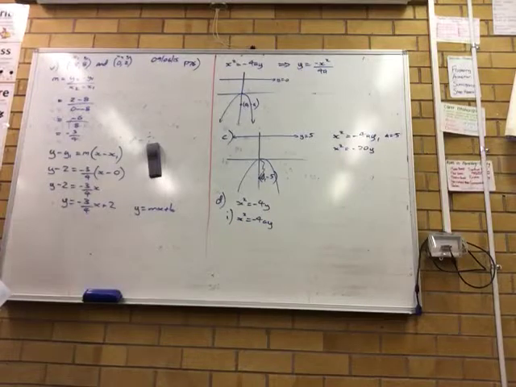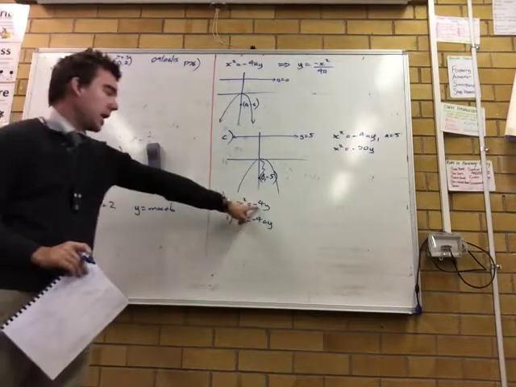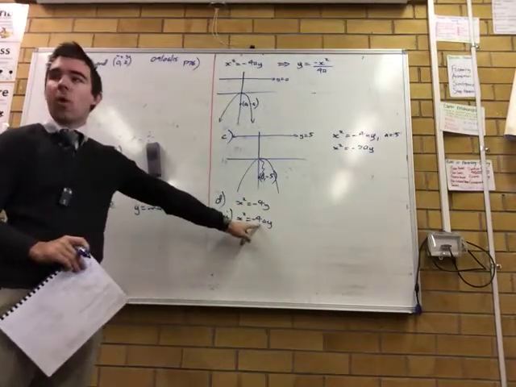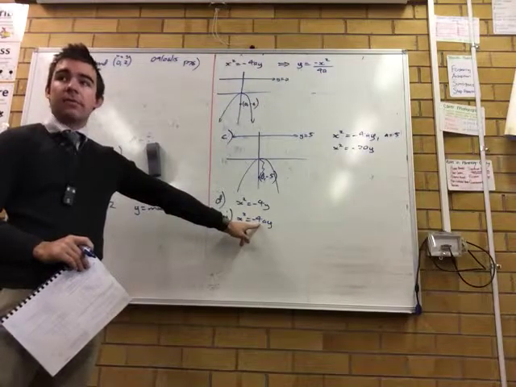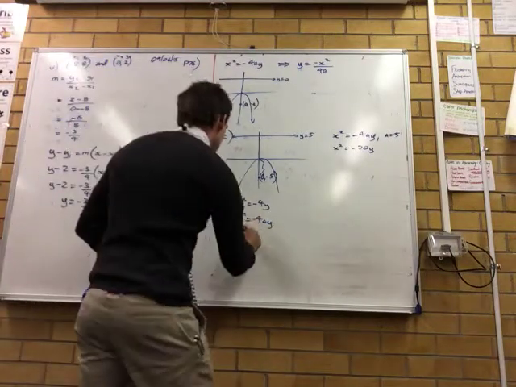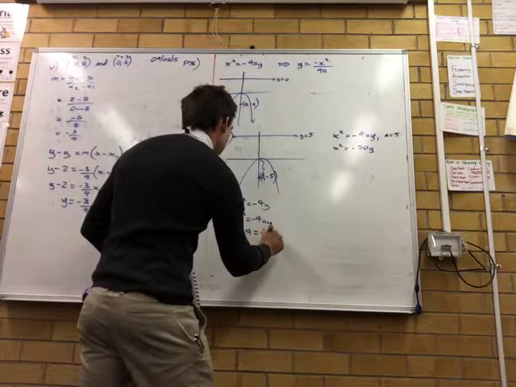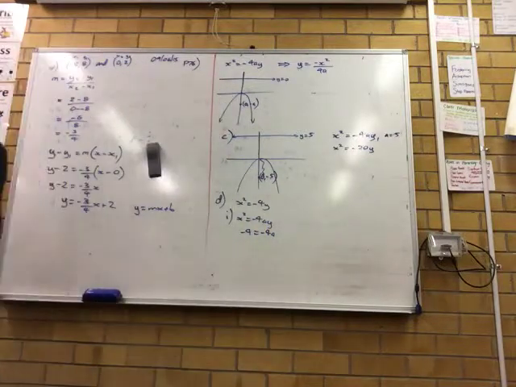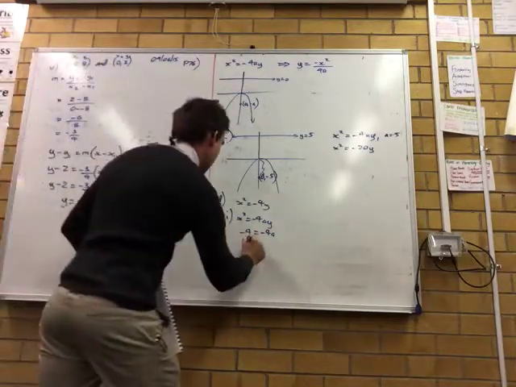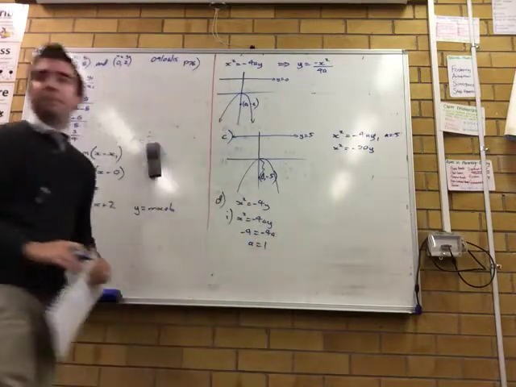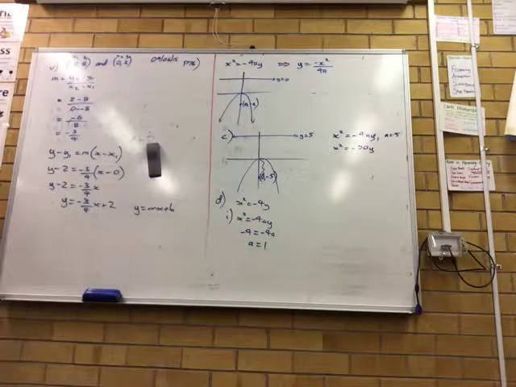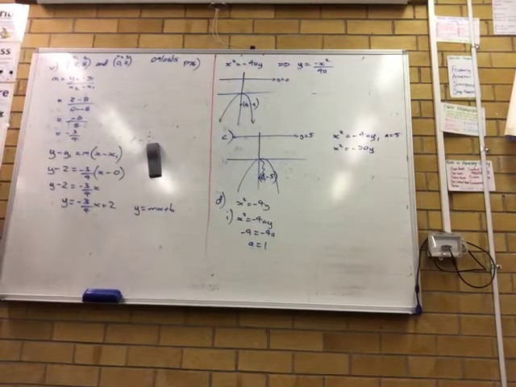Write the equation, and then negative 4 must equal negative 4a, to find the value of a. So negative 4 is equal to negative 4a, so include the sign. Therefore a is 1. There is only 1 unit for the focal length. So the shorter the focal length, the steeper your parabola is going to be.